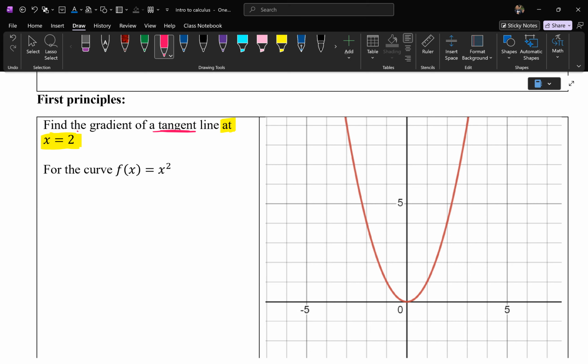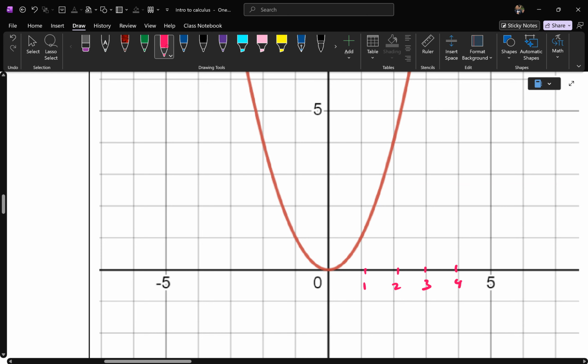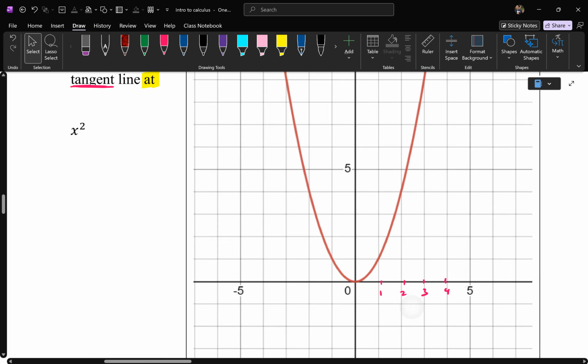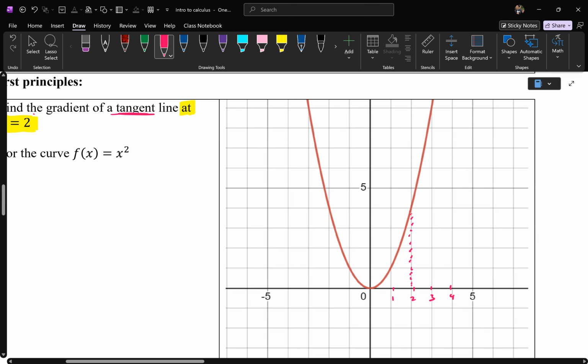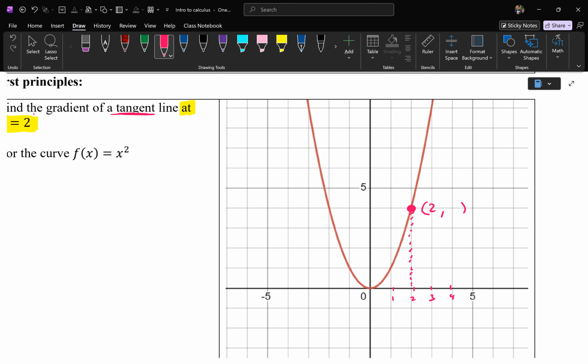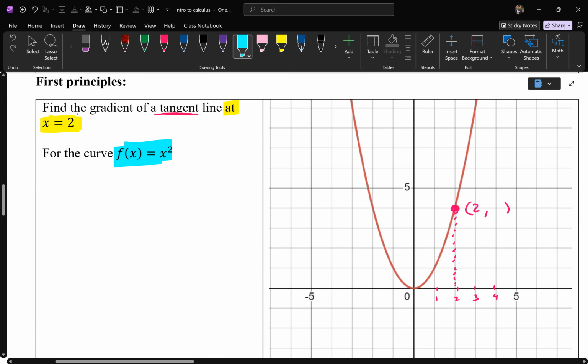So on the graph, this is clearly 1, 2, 3, 4. When I say I want to know at x equals 2, this is the point where x is equal to 2. Now the function, that curve, is a quadratic curve, y equals x squared. So this curve here is the result of squaring whatever x is.